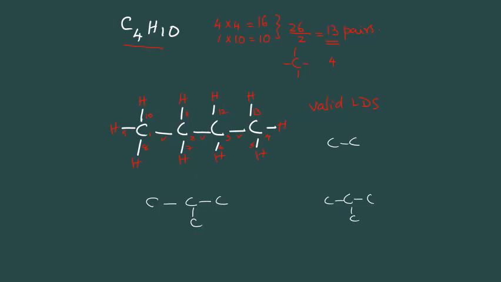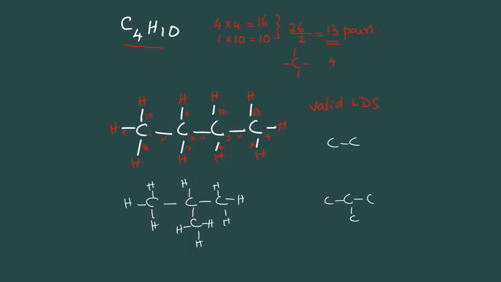So now I will satisfy each carbon with 4 bonds. 4, 1, 2, 3 already. So 1 here, 1 here, now 1, 2, 3. And now I will put hydrogen around this one. 1, 2, and 3. So we have 3 plus 2, 5. 5 plus 2, 7. 7 plus 3, 10 hydrogen and 4 carbon.